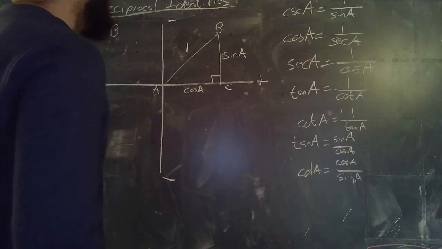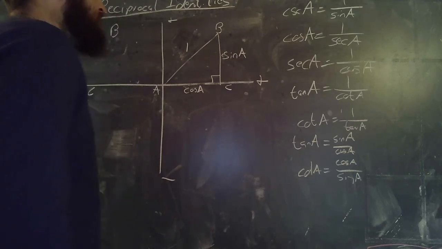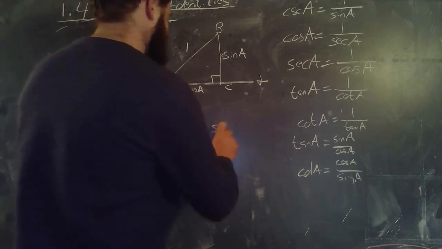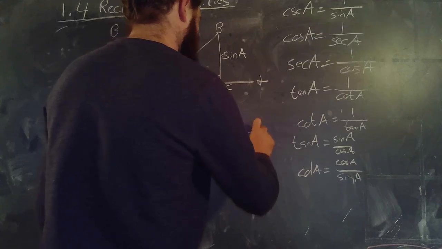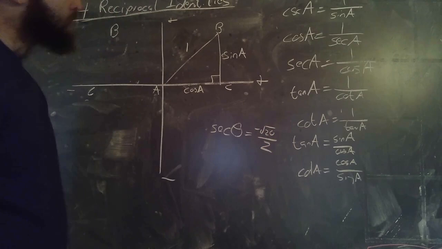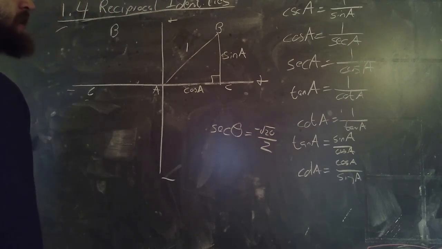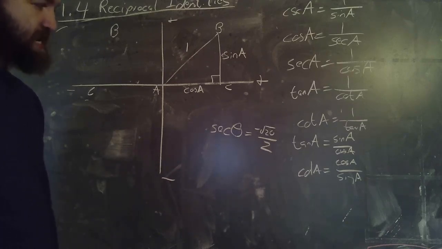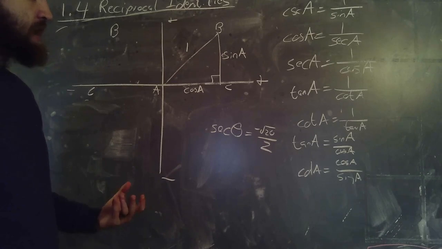Okay, so how do we deal with negative trig ratios? In the previous example, we had that the secant of theta was negative root 20 over 2. Now, notice here that since secant is c over b, the c value had to be positive.